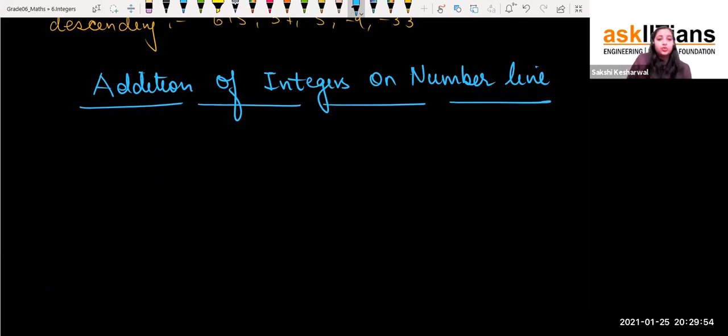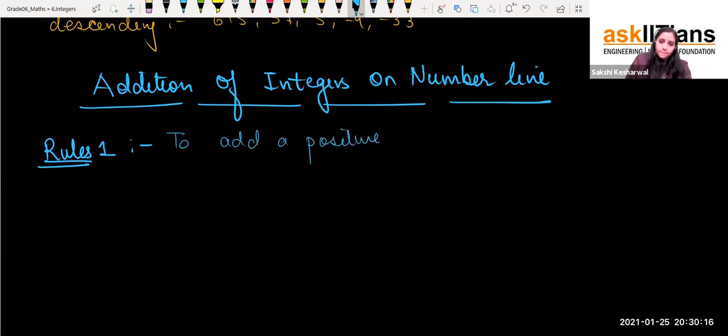So how are you going to do it? There are some specific rules. Rule number 1: to add a positive integer, move to the right on the number line.